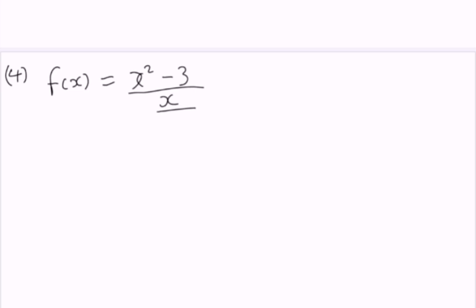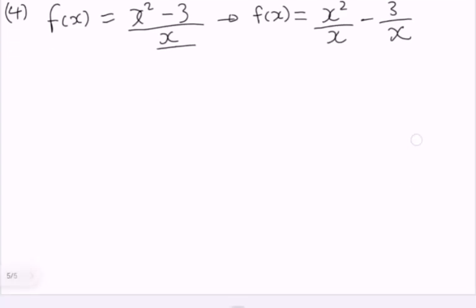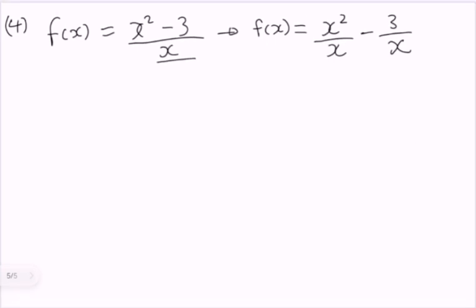This x can be paired with x squared, and it can also be paired with what? With 3, because this x is our lowest common denominator. So what you should do in this situation is say f of x is equal to x squared over x minus 3 over x. Then that's when you'll be able to determine the first derivative of this.